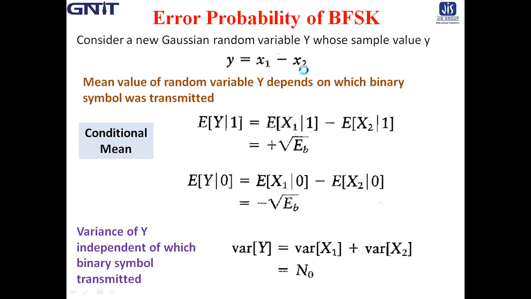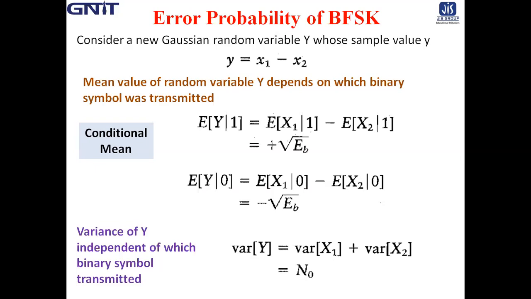The mean value of the random variable y depends on which binary symbol was transmitted. Given that symbol 1 was transmitted, the Gaussian random variables x1 and x2, whose sample values are denoted by x1 and x2, have mean values equal to square root of EB and 0.